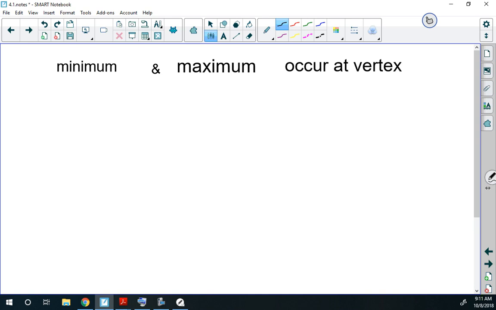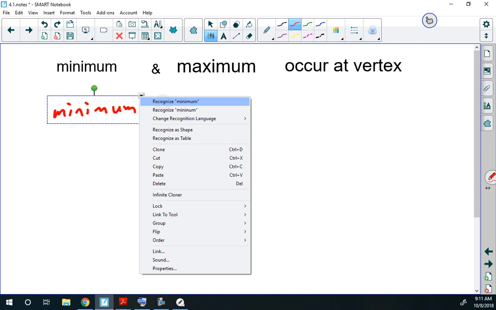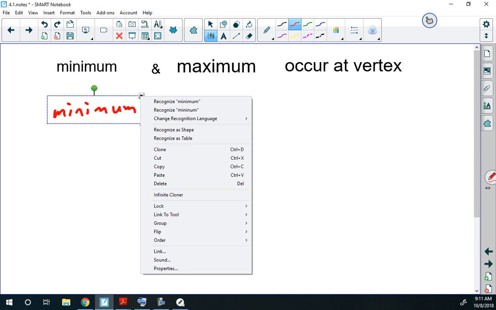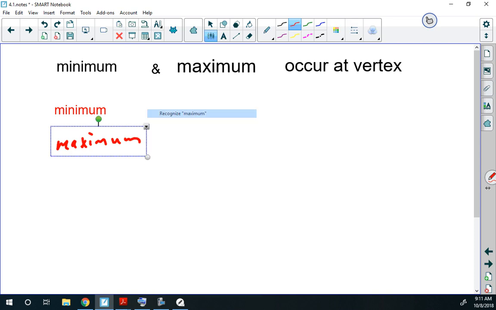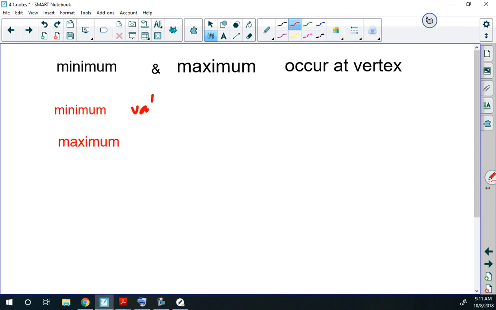But sometimes you're going to be asked, what's the minimum value? Or the maximum value.